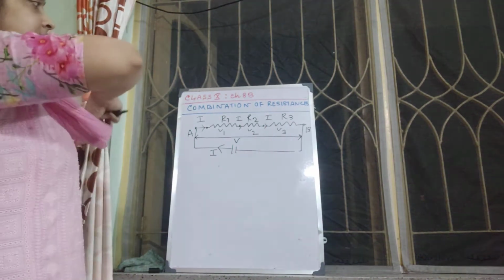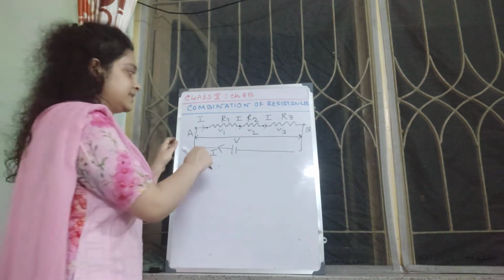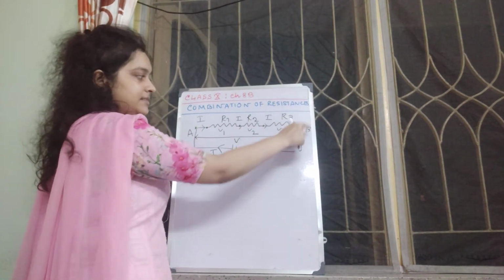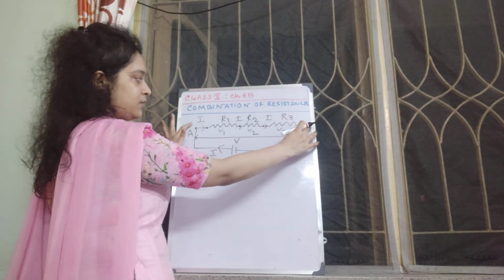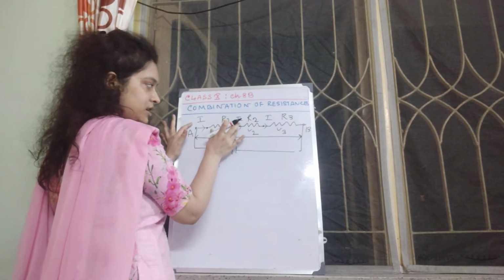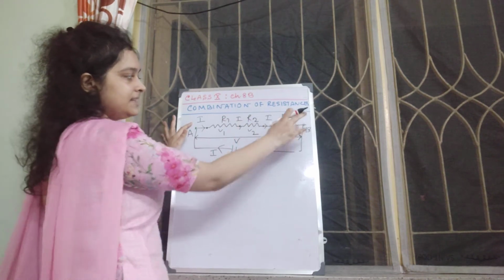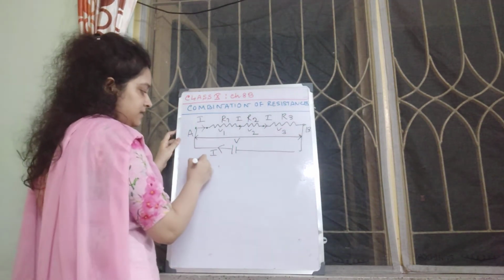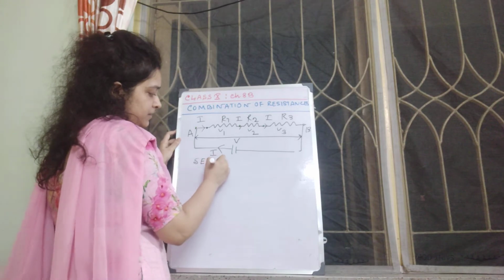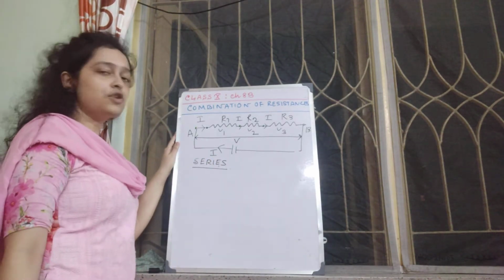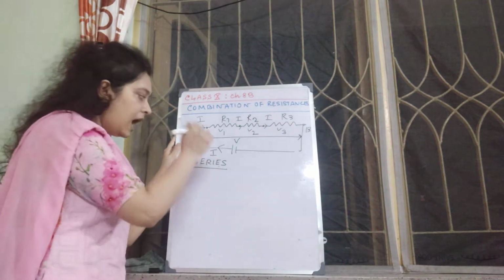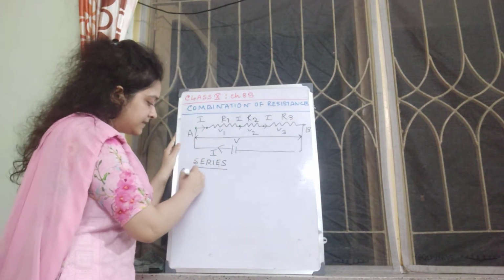So, in this case, when the same current flows through all the resistances, but the potential difference across the 2 terminals is equal to the sum of the potential differences across each resistance, this combination is known as series combination.